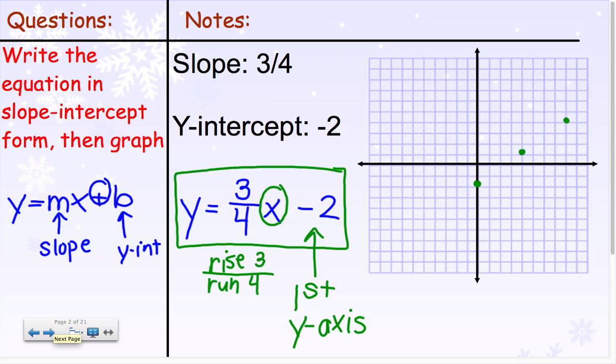If I connect my line, I can show you the rise and run again. So I rose 1, 2, 3, ran 1, 2, 3, 4, rose 1, 2, 3, ran 1, 2, 3, 4. So there is my equation and my graph for the line.